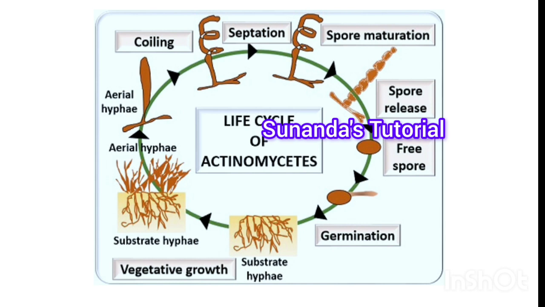In the cell cycle, we said that all the events that occur during the formation of a new daughter cell from the mother cell are called the cell cycle. So in this way, what is the meaning of life cycle? All the events that occur during the production of a daughter or a new individual from the mother. Okay, from the mother plant, from the mother organism, anything.